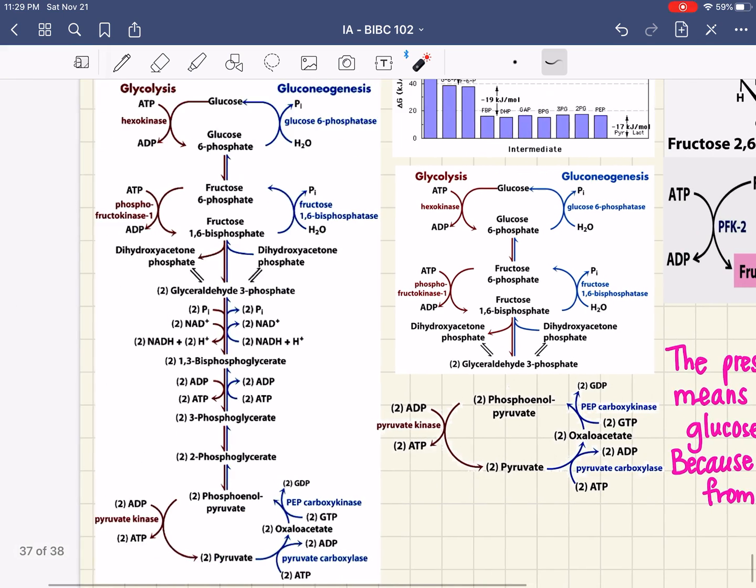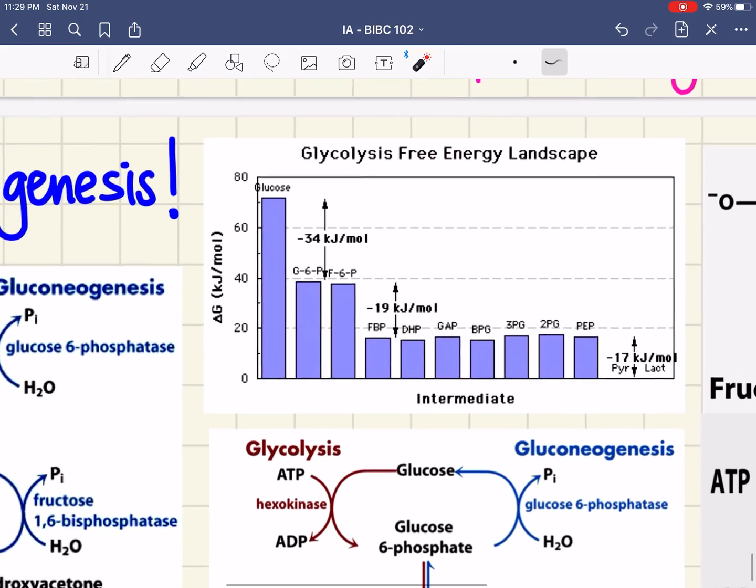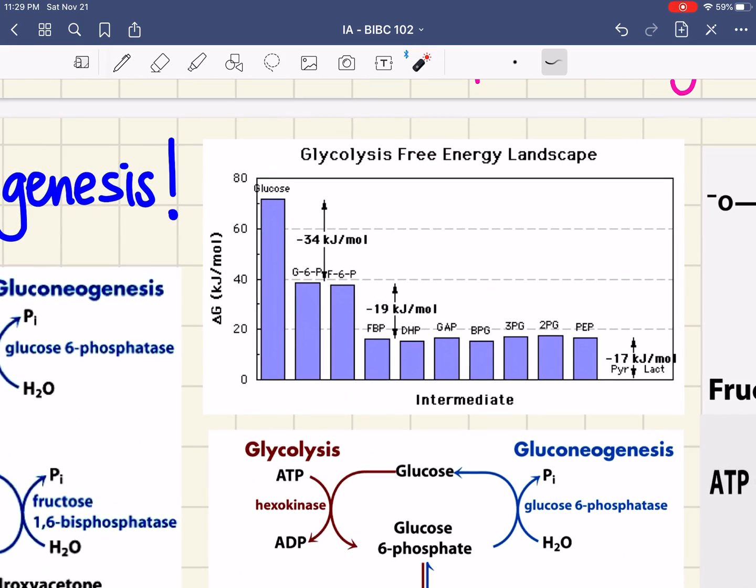Step 1, Step 3, and Step 10, I believe, the last step. And here are the delta G drops of glycolysis. Because these are huge negative delta Gs, the whole glycolysis pathway is exergonic, meaning this happens spontaneously.